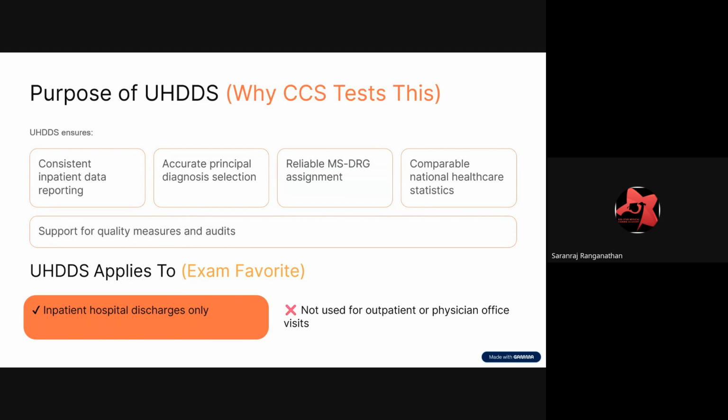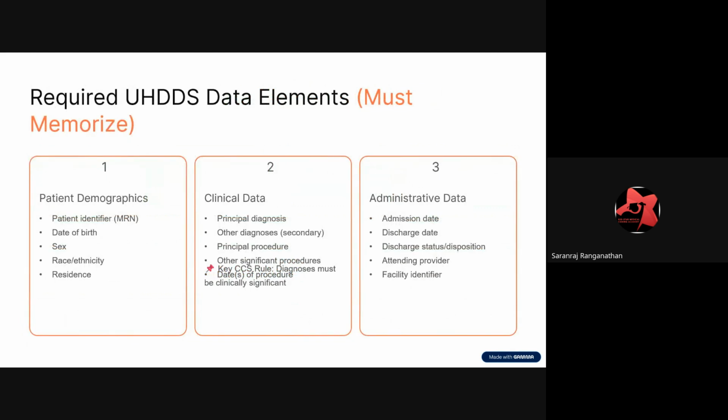Then, what are the elements required? Previously we have seen the core elements. They are further segregated into three: patient demography, clinical data, and administrative data. The patient demography elements are the patient identifier, like MRN, patient ID or visit number, date of birth, sex, race, ethnicity, and residency.